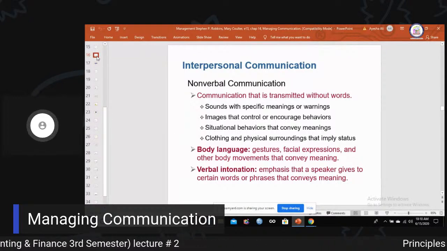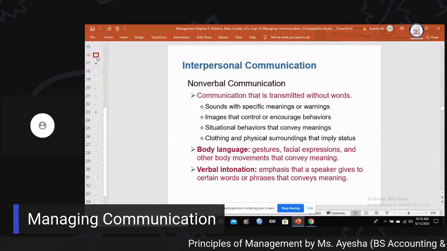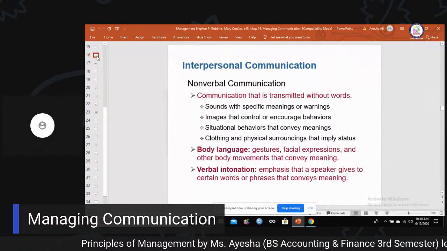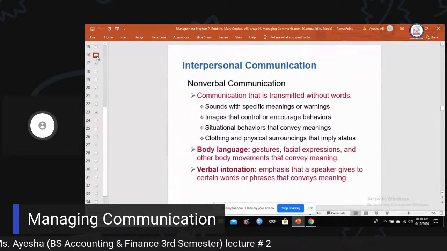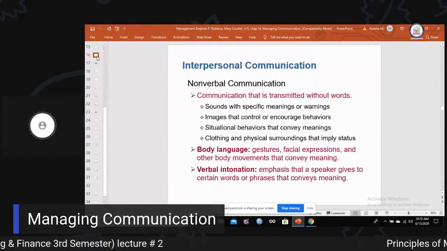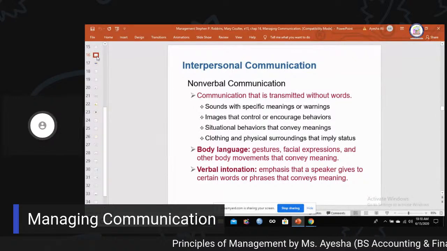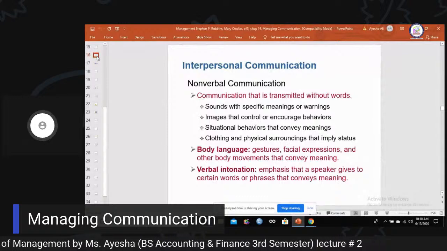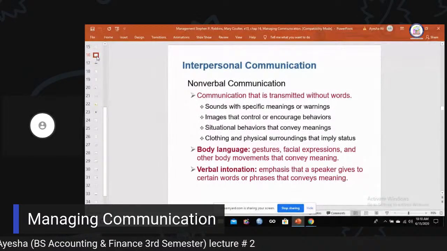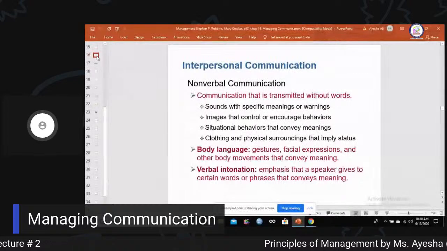Our mind works that in this disaster some loss must have occurred. So images give us the message. If we see the building of any company, it also gives a message to us. So sounds and images are giving messages to us. These are all examples of nonverbal communication.